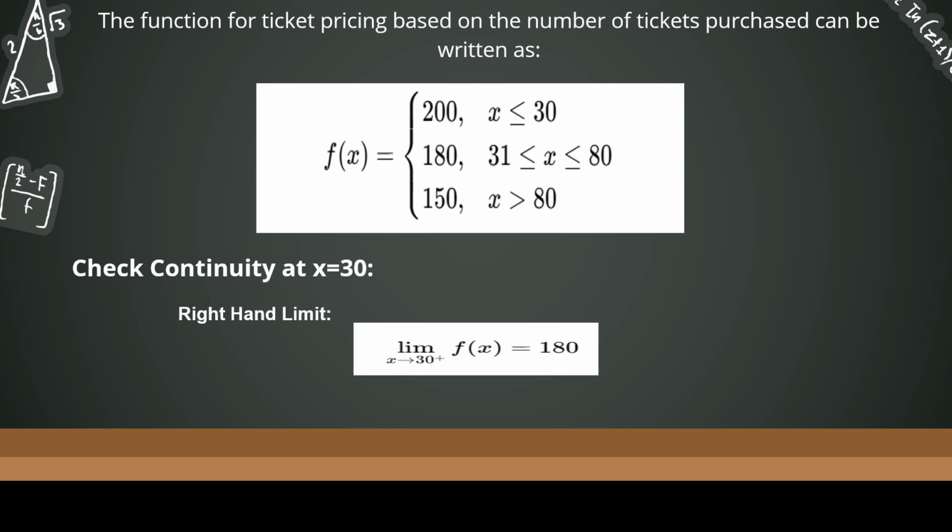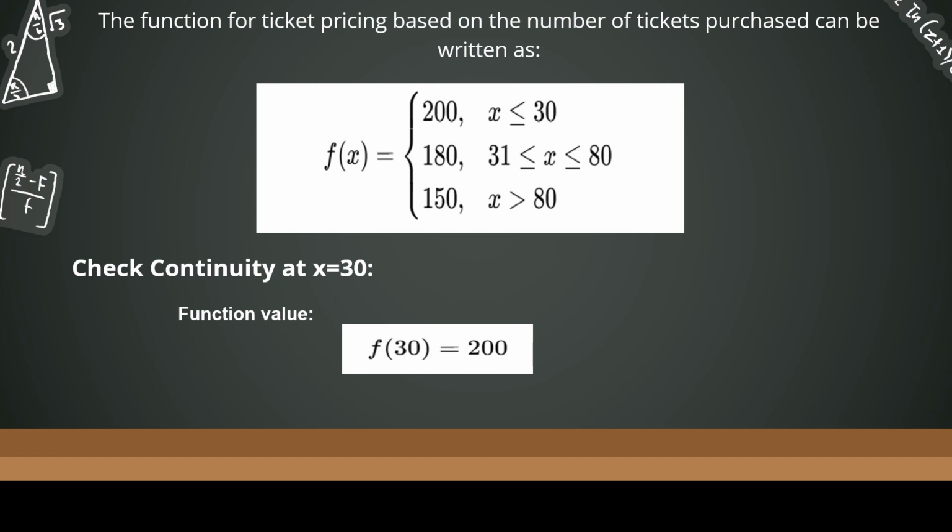Since for x greater than or equal to 31 but less than or equal to 80, the price is 180. So our answer here is 180. Now for f of x, if we're just going to substitute 30 since 30 is our x, f of 30 is equal to 200.